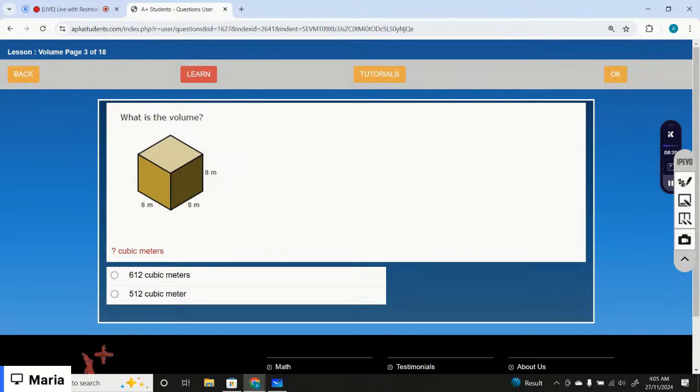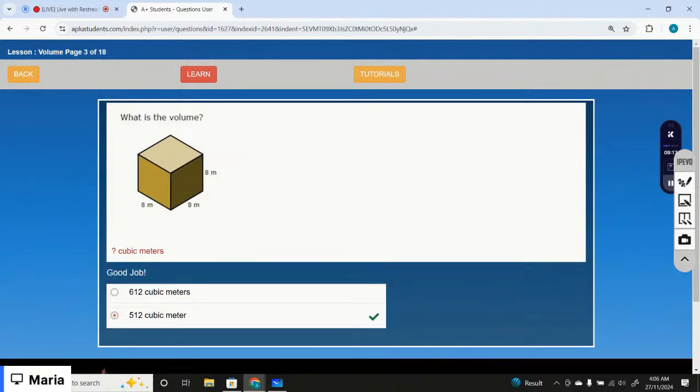What is the volume? Which is the correct option? That is 512 cubic meter.